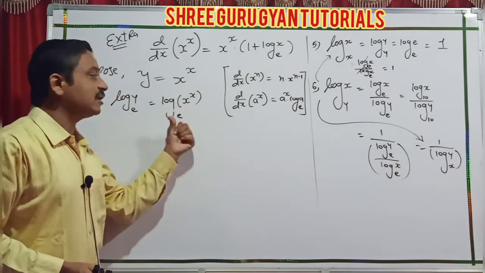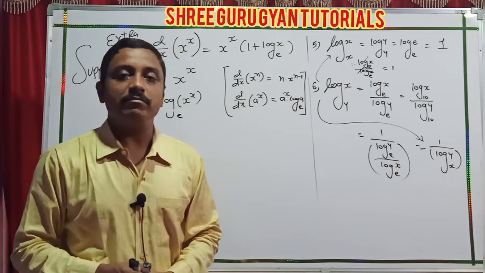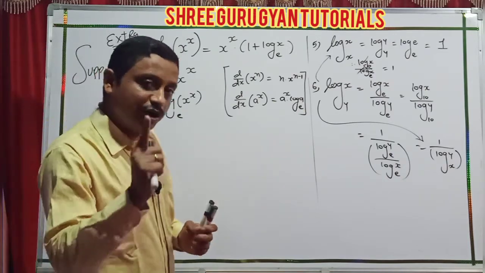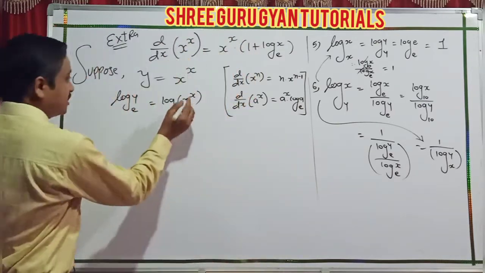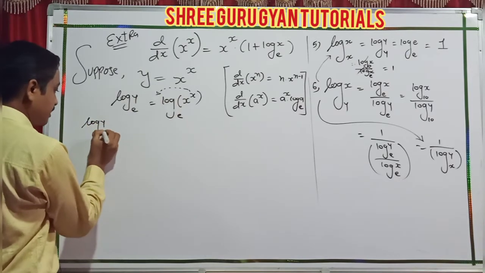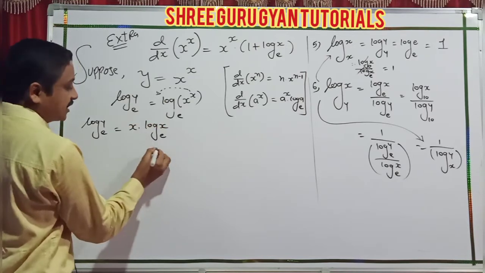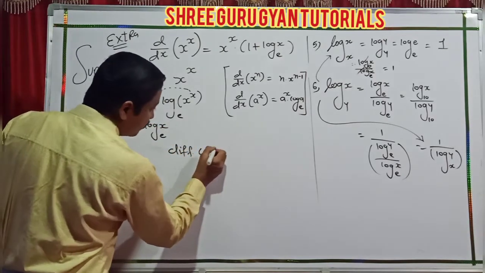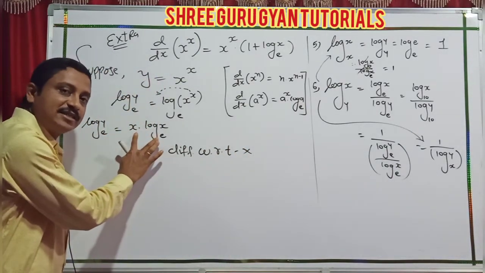That's why I start by taking the log function on both sides with base e, because the log function is a continuous function. So you take it on both sides, and using the property, log y base e equals x into log x base e, and start differentiation with respect to x. This one consider u and that one consider v.